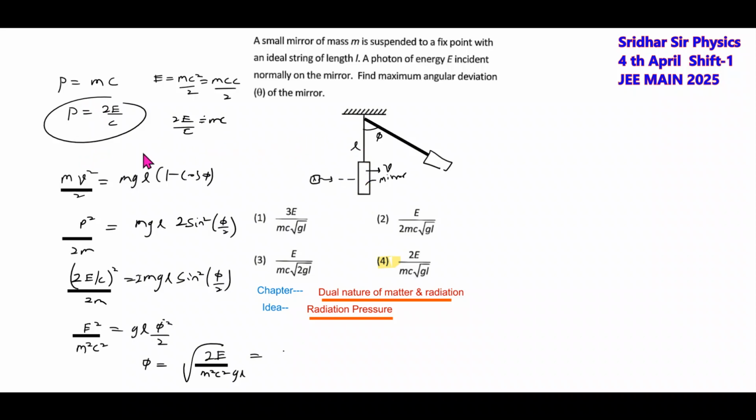It will be reflected back. A photon reflected, the change in momentum will be 2 times of p, which will be 4e by c.